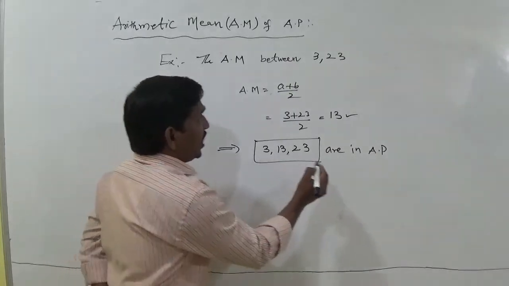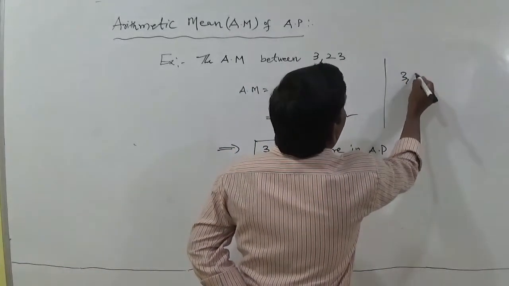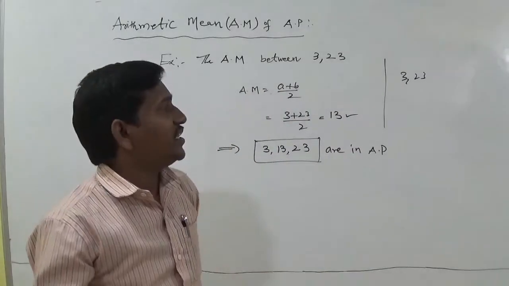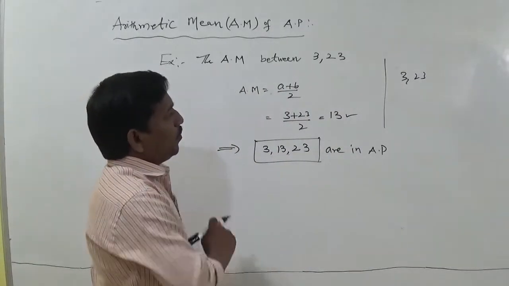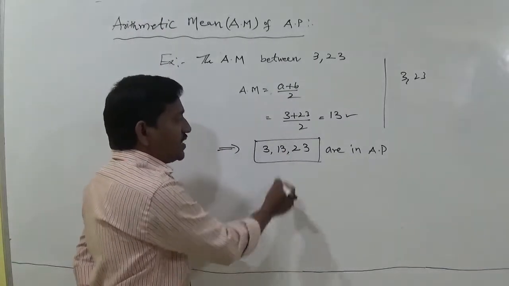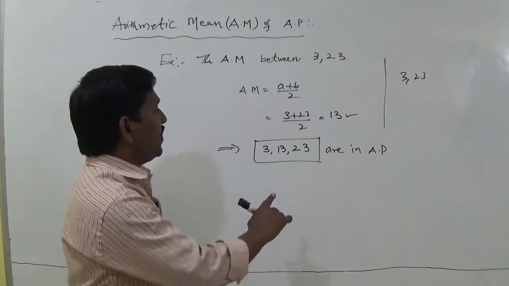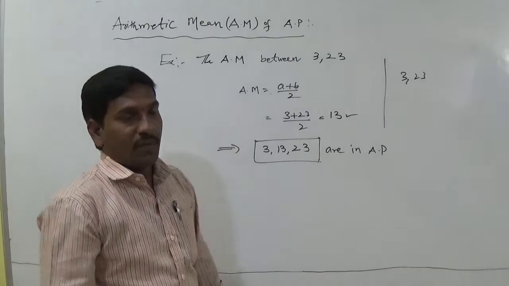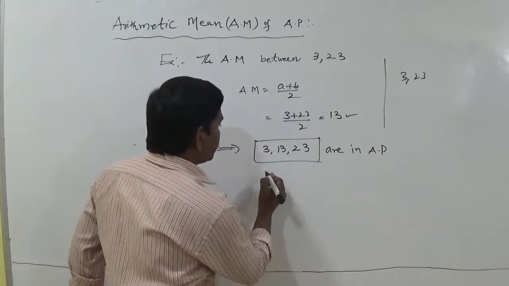Now 3 and 23 alone is not a progression, it is not an AP. But after inserting the AM between 3 and 23, it becomes an AP.